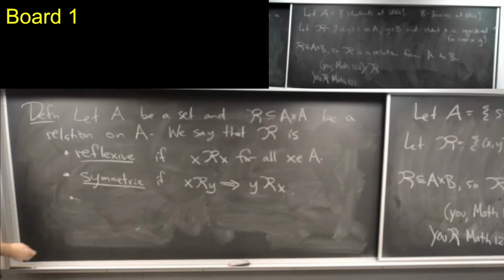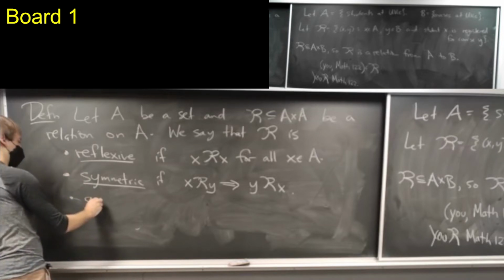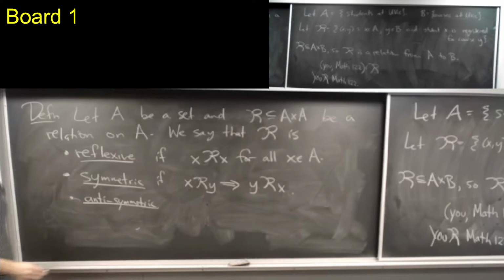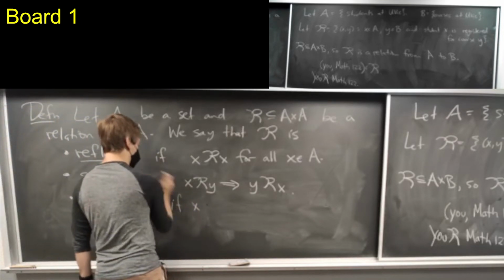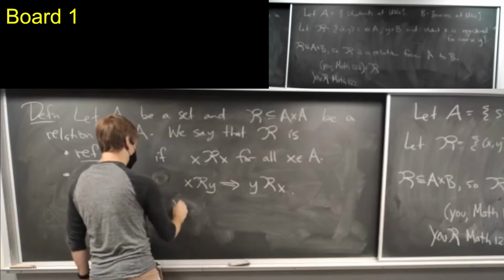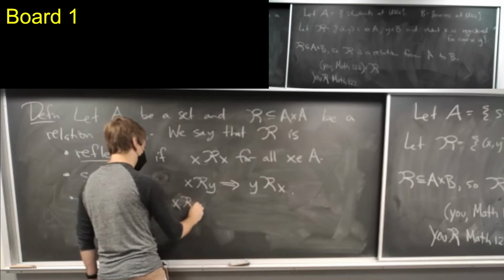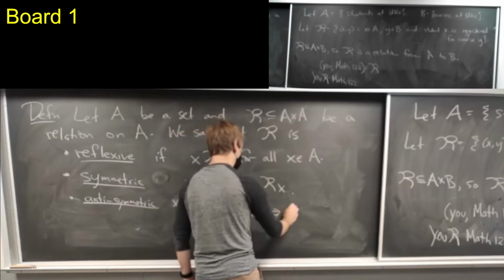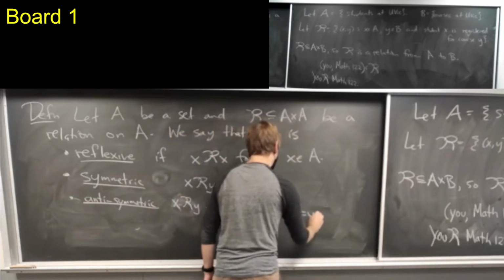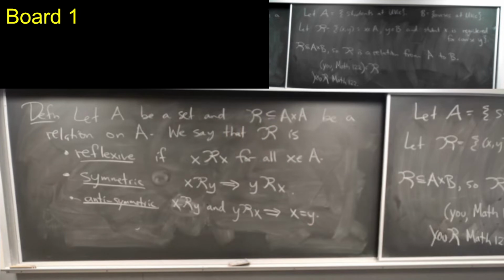By the way, not all relations have these properties. These are special properties that some relations have and some don't. Next one is anti-symmetric, which says that X being related to Y and Y related to X logically implies that X is equal to Y. This one's a little bit harder to grasp, but when we do some examples, hopefully it'll become clearer.